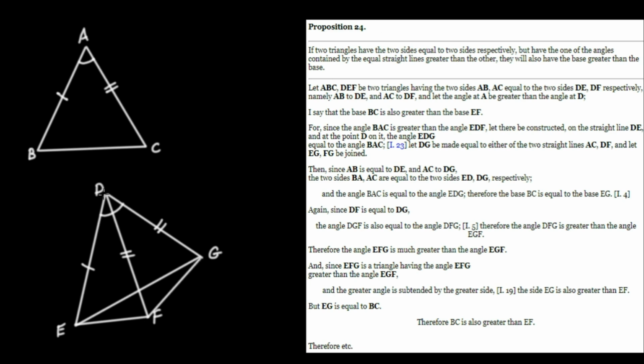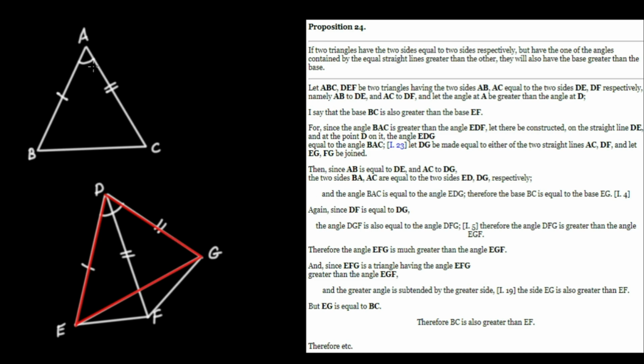Next, we're going to do a little bit of reasoning about this triangle ABC and the triangle DGE. And let's see what he says. He says, then since AB is equal to DE, that side of the triangle, and AC to DG, the two sides BA and AC are equal to the two sides ED and DG respectively.